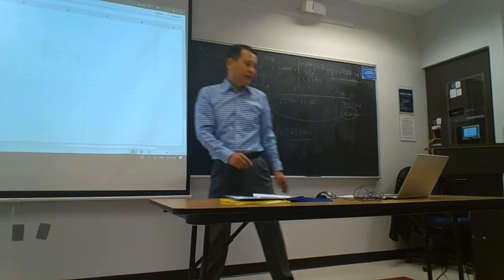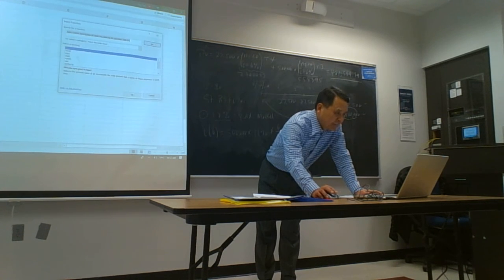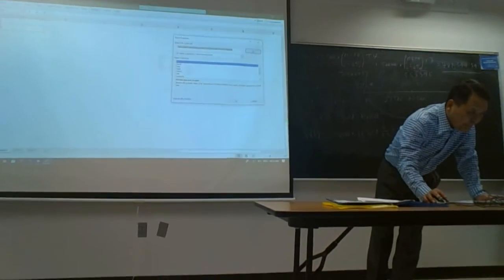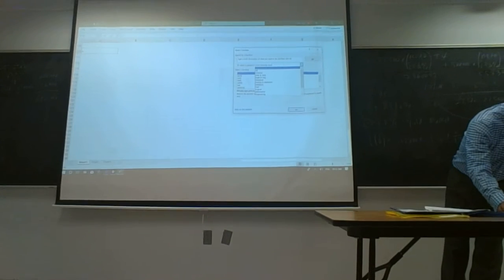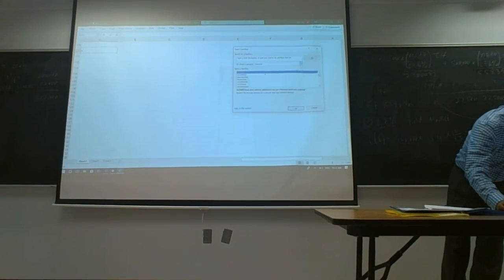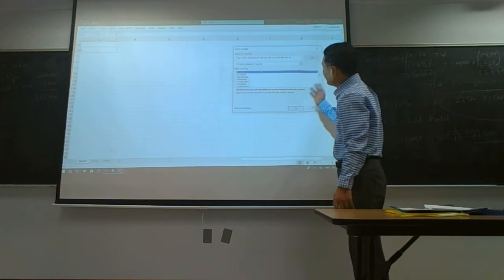Click on insert function fx, either this or formula function over here. PV is under financial. If you click on financial, you can see a bunch of functions.